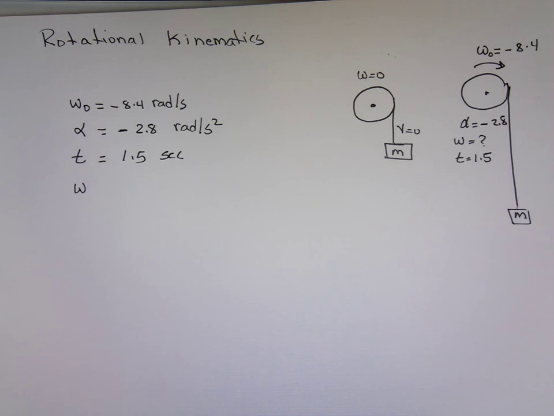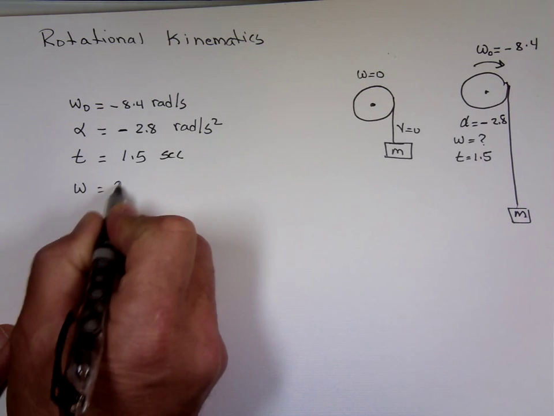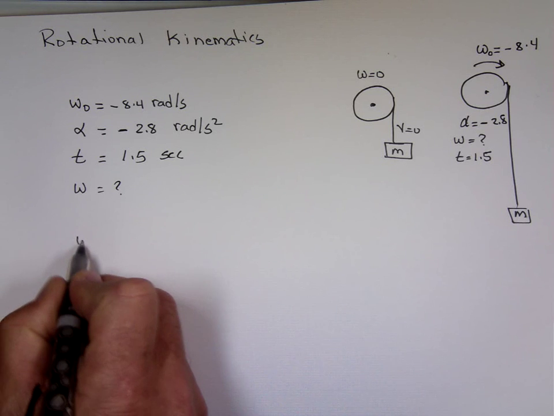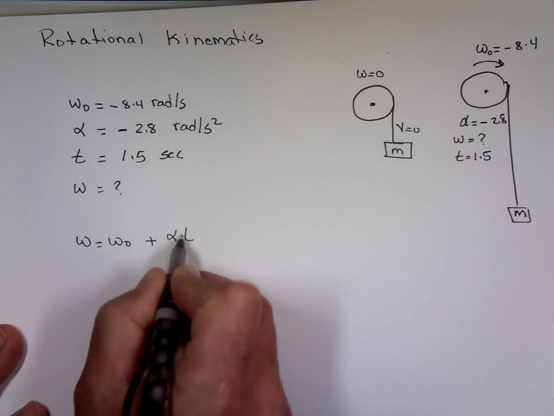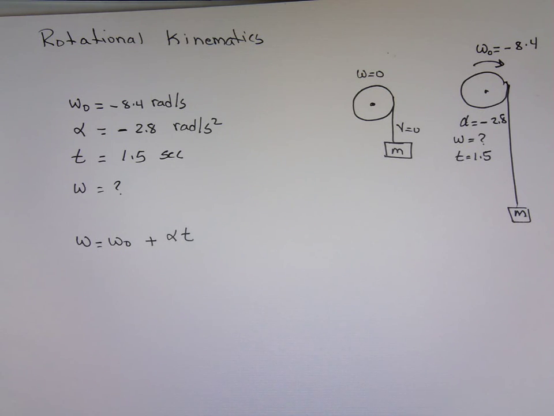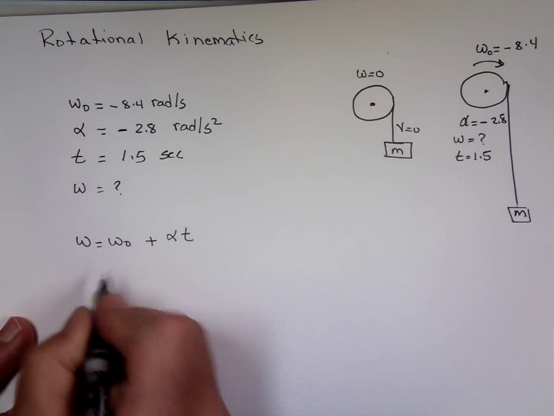Is there an equation that has all these pieces put together? If you look at the equation we mentioned, is there one that has all the pieces? How about the first one, which says W equals W0 plus alpha t? Do we know what W0 is?